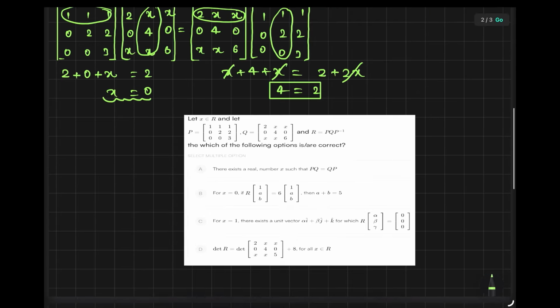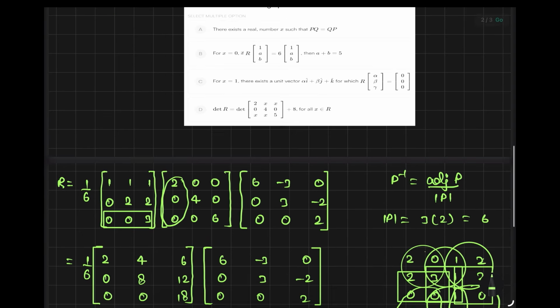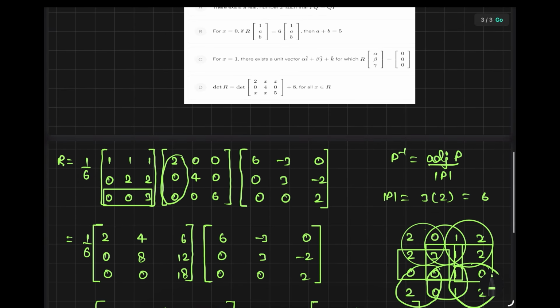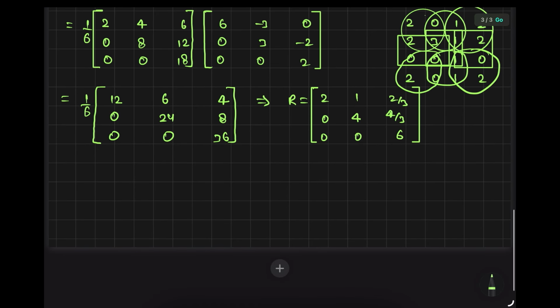Now they are saying that R times [1 A B] is equal to 6 times that. Okay, you have to do this calculation. Let's do it.